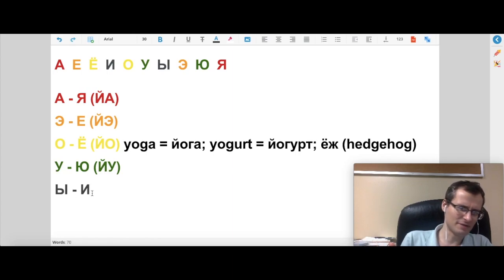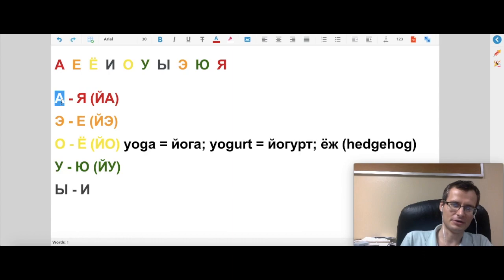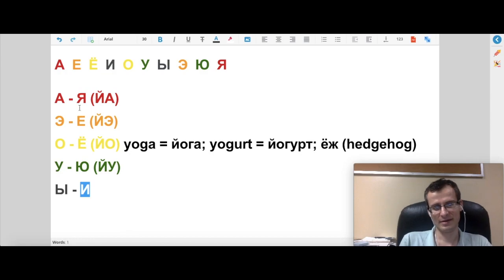Neither of them is a diphthong, but they are vowels of the Russian alphabet, and we can kind of put them in a pair. But there's actually a reason why I put I in the left column and why I put E in the right column. I'll tell you about it later in one of my future videos.